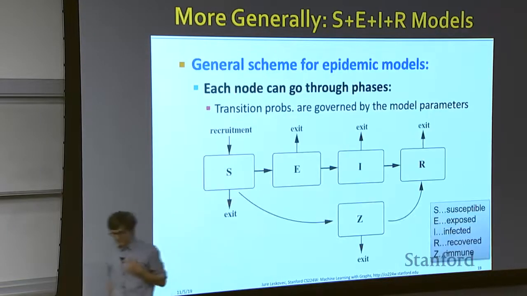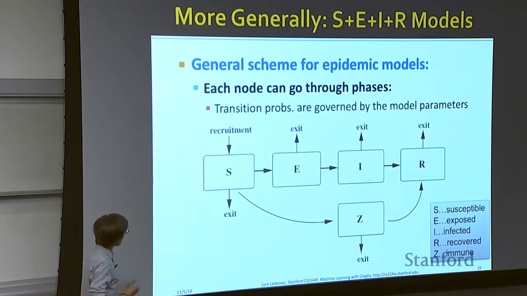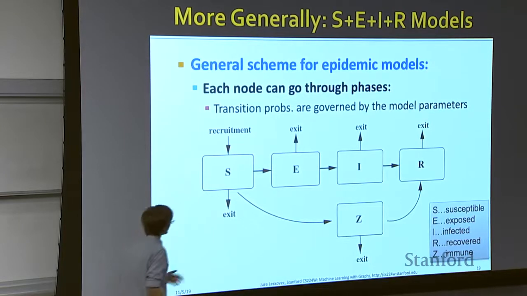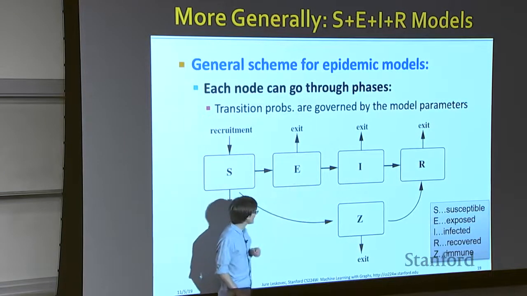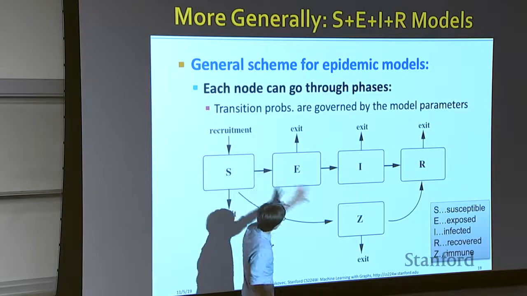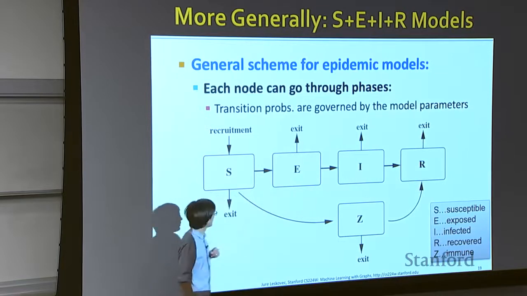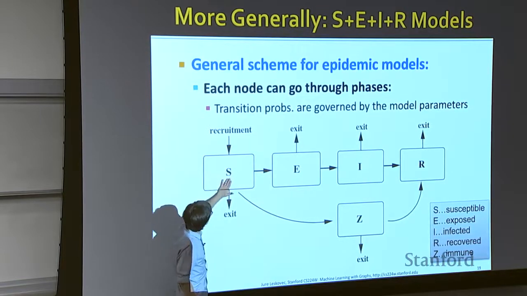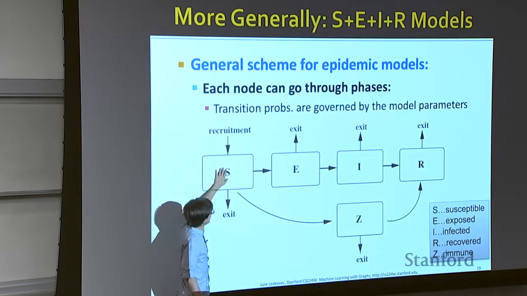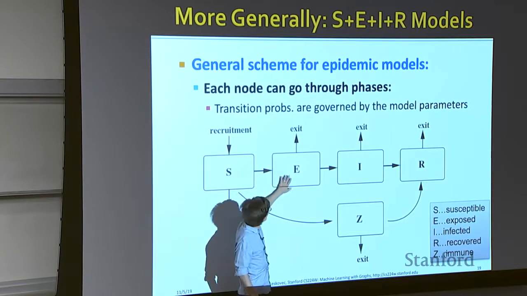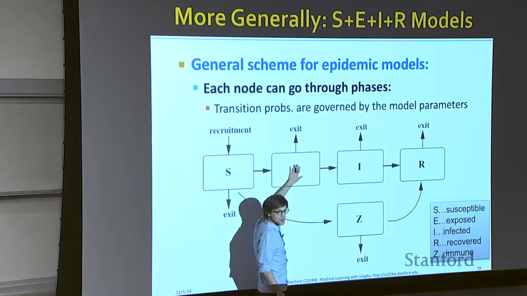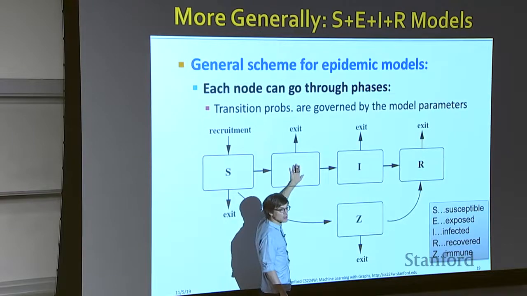Okay? And the way this will work is that there is this class of models that will be named by different letters, and basically this class of models tells you what are the stages through which the node can go. S usually means susceptible, so susceptible to the disease. Then the state of the node can move to what is called exposed, right? So this is kind of an incubation period.